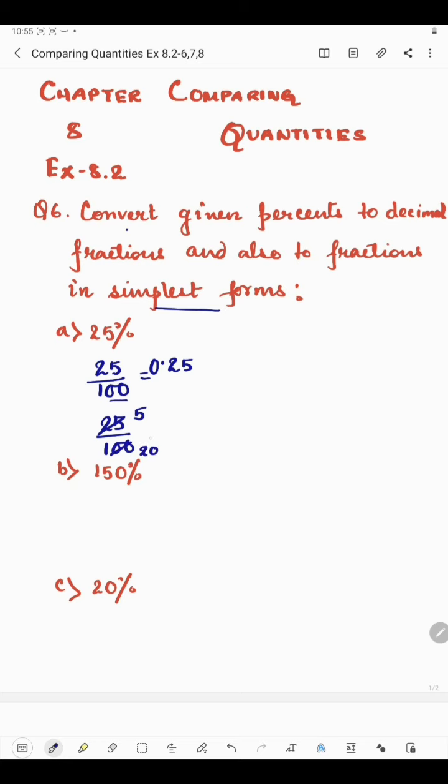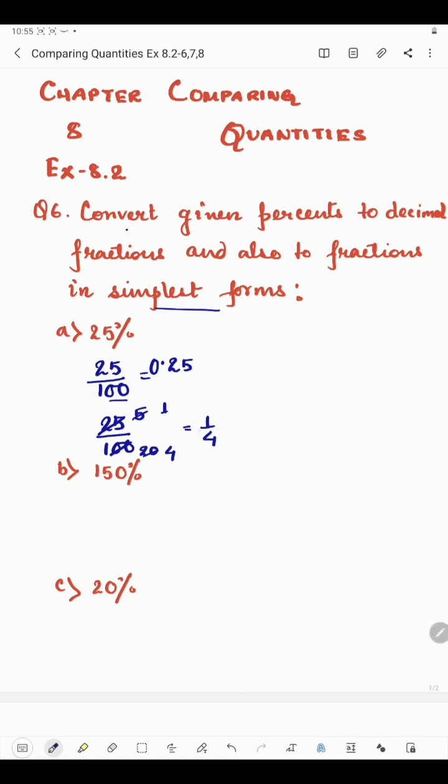Now this 5 and 20 is further divisible by 5. 5 1s are 5, 5 4s are 20. So 1 by 4 is the simplest form, because after this we cannot simplify it further. So this is the answer.